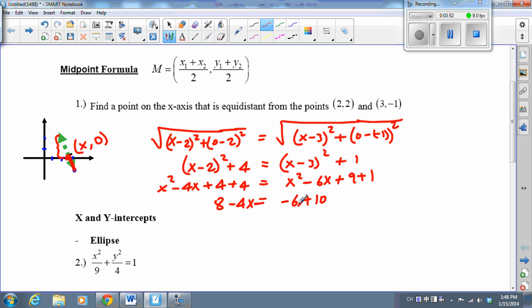But I will move all the x's to the left side. If I move everything to the left side, I will end up with 2x equal to, and I move the 8 to the right side, 2. So I have x equals 1. Now that I have the value of 1, the point that we were looking for is the point (1, 0).